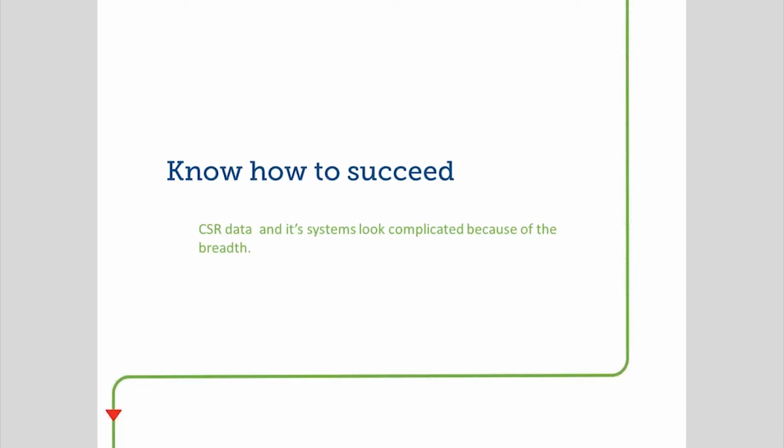CSR data and the systems that are associated to it often look really complicated because there's a breadth involved. As I said, 5 years ago, it was carbon. Now it's not. And you've got to be able to pull data and use data from an awful lot of different places, an awful lot of different teams. But the fact is, the software that's designed to do this will do it very, very well.